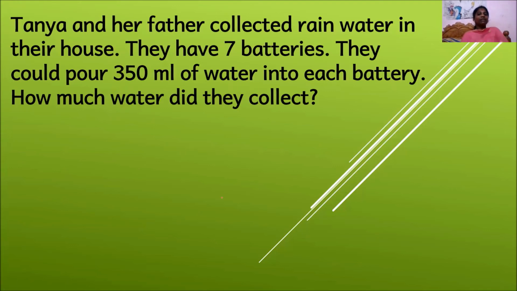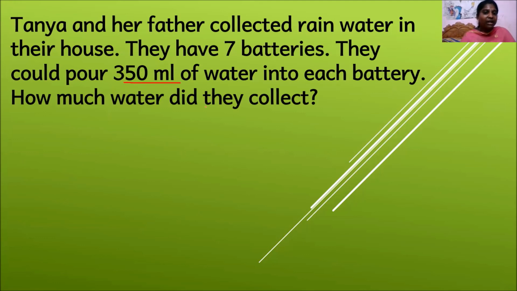Finally, we are going to learn how to solve the word problem. Tanya and her father collected rainwater in their house. They have 7 buckets. They could pour 350 ml of water into each bucket.